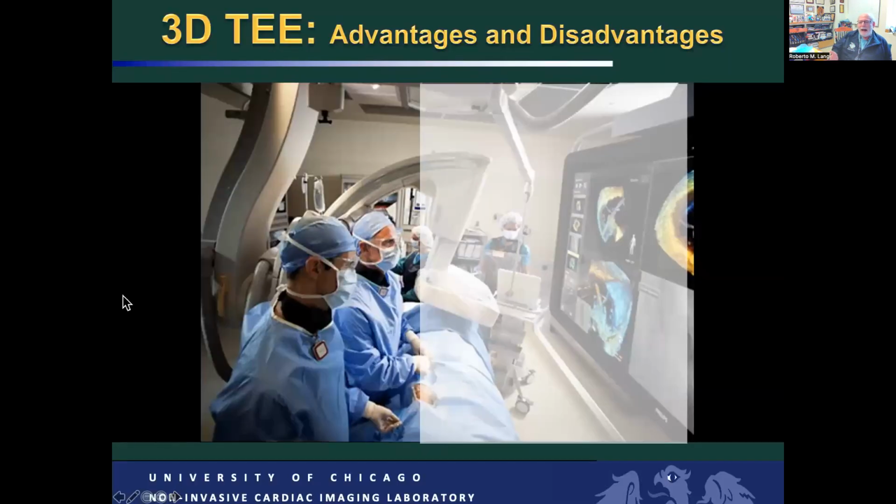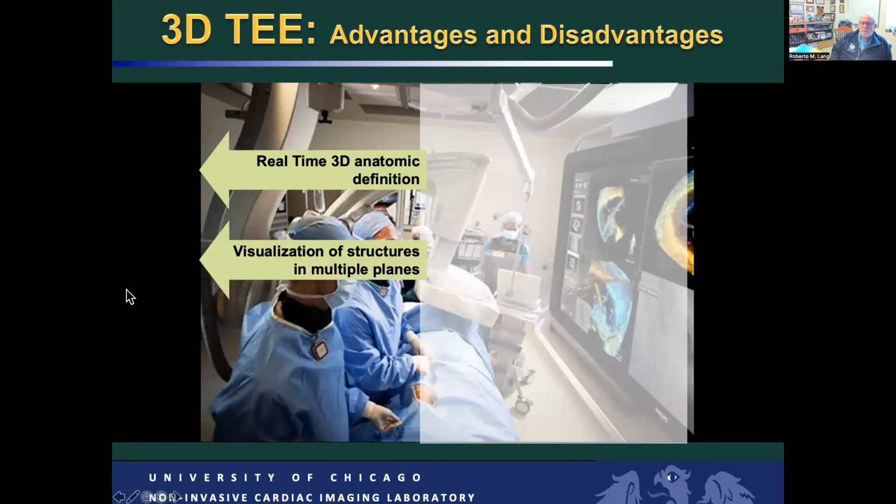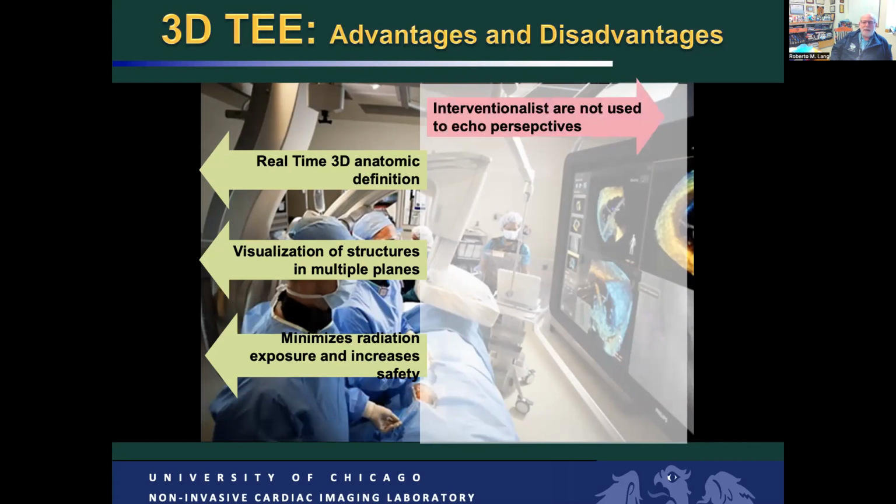Three-dimensional echo added to the information provided by angiography has a lot of advantages. It provides real-time 3D anatomic definition. It allows the visualization of structures in multiple planes. And of course, it minimizes radiation exposure, and I think increases safety.